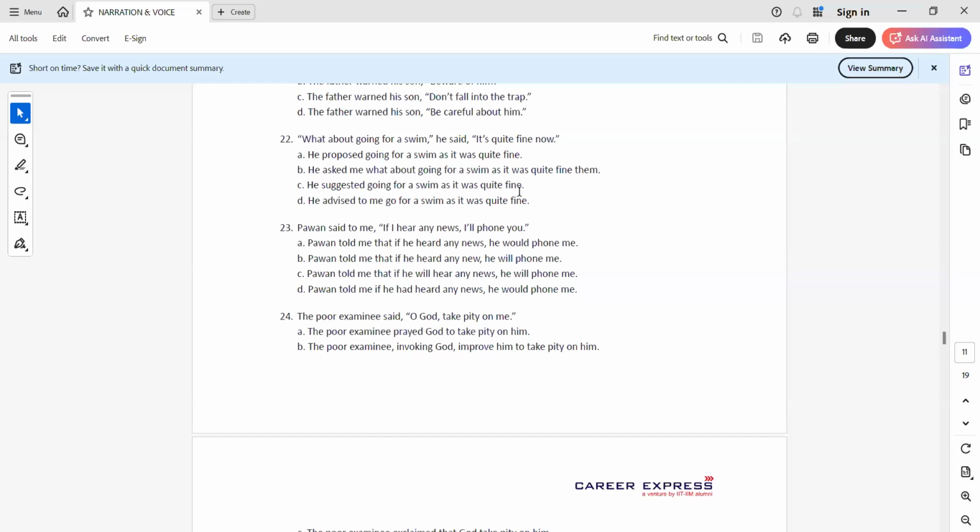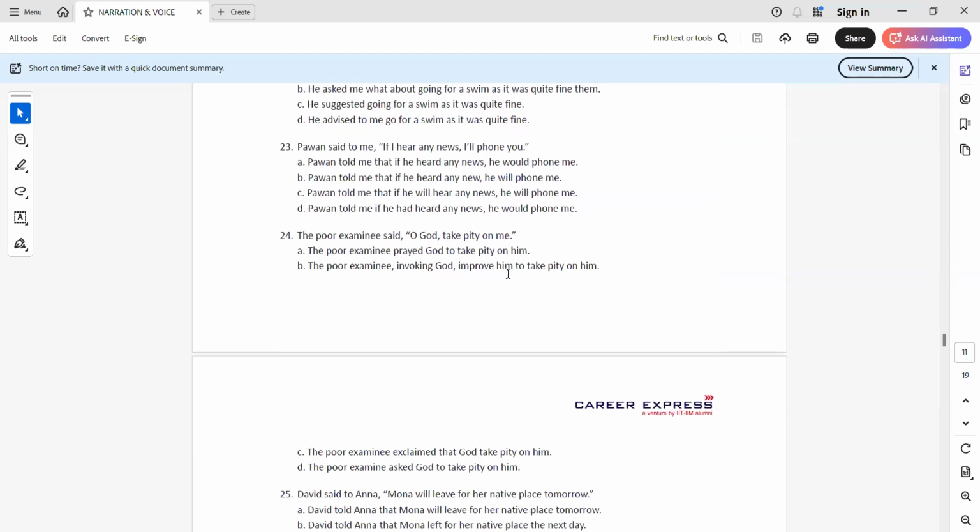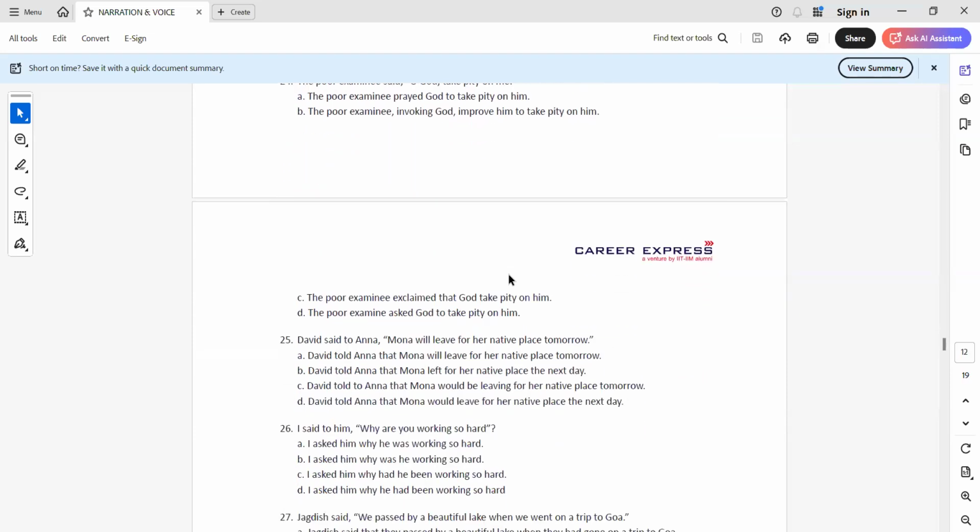Pawan said to me, if I heard any news, I'd phone him. He told me that if he heard any news, he would phone me. A, correct. The poor examinee said, oh God, take pity.